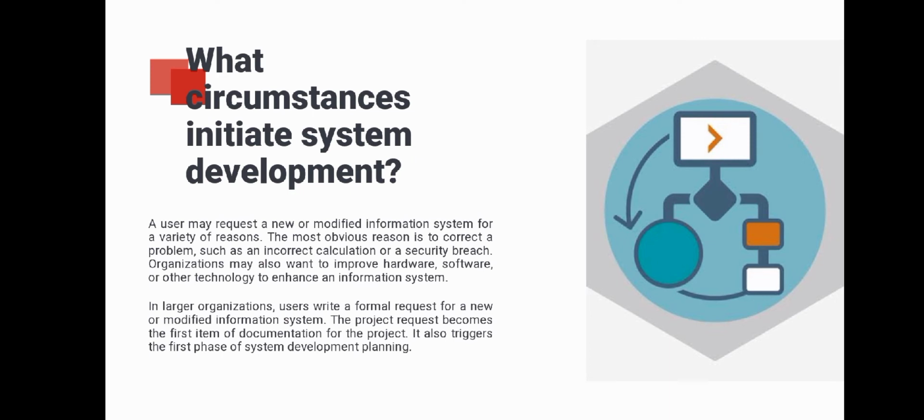What circumstances initiate system development? A user may request a new or modified information system for a variety of reasons. The most obvious reason is to correct a problem such as an incorrect calculation or security breach. Organizations may also want to improve hardware, software, or other technology to enhance an information system.